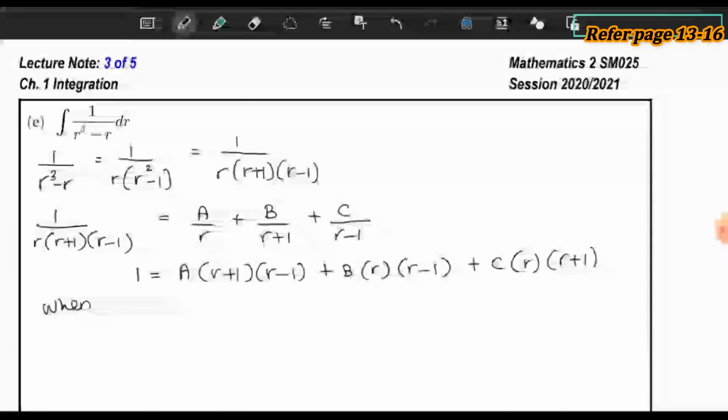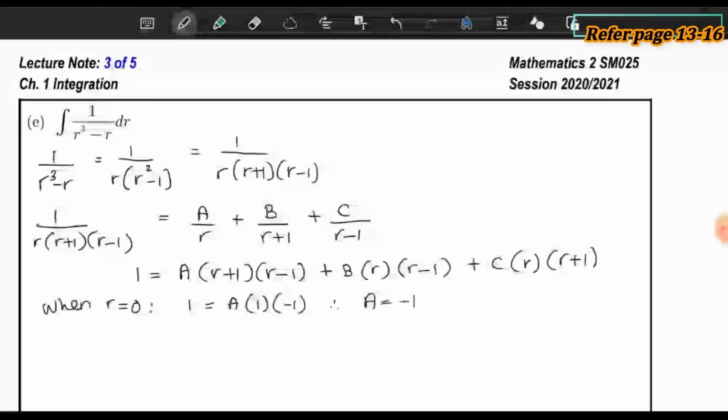Next, we substitute the suitable value of r. Now we are using r as the variable. When r equals 0, 1 equals a times 0 plus 1 is 1, 0 minus 1 is negative 1, and the rest becomes 0. Therefore, we get a equals negative 1.